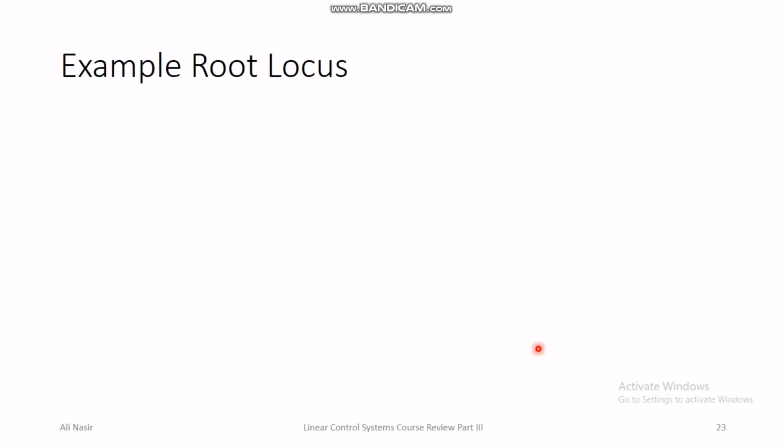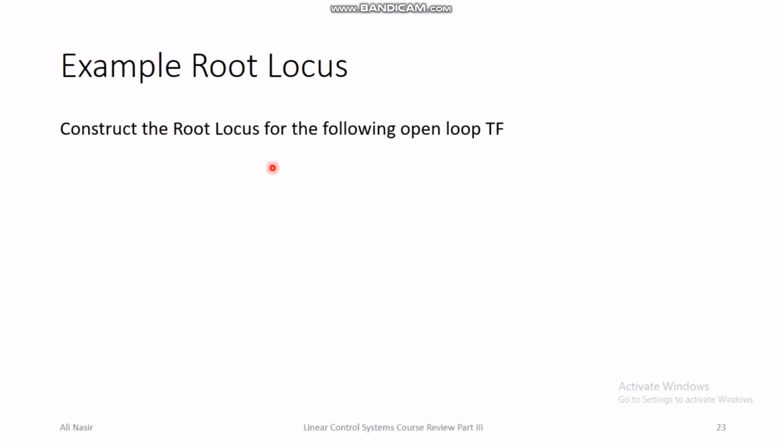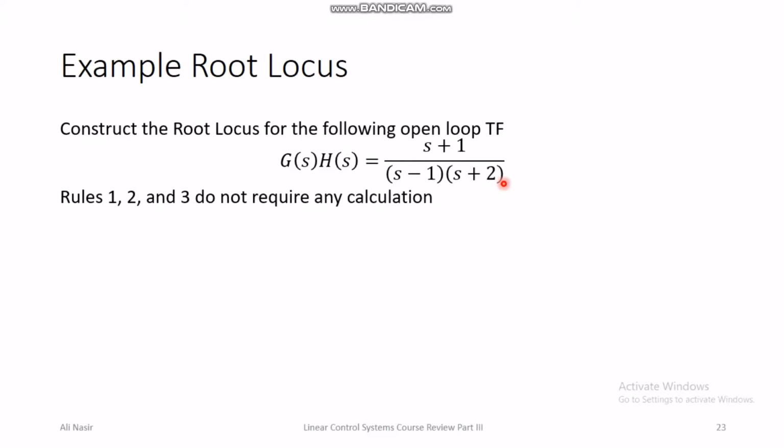Then we look at an example of the root locus. We want to construct the root locus for the following transfer function: G(s)H(s) equals (s plus 1) over (s minus 1)(s plus 2), which has a zero at minus 1, a pole at plus 1 and a pole at minus 2. We apply rule number 1; rules 2 and 3 do not require any calculations.